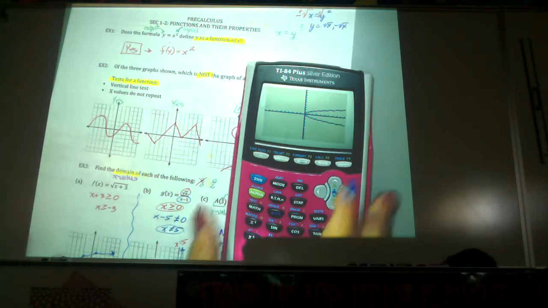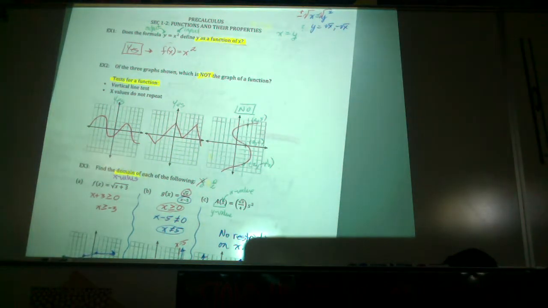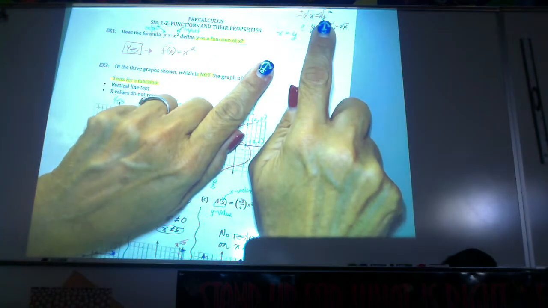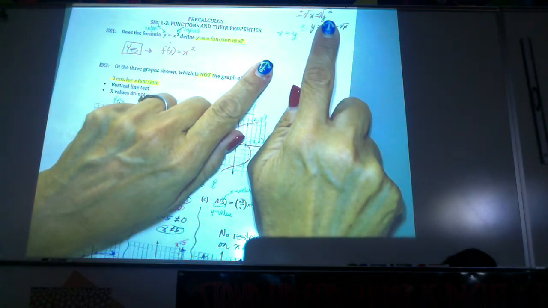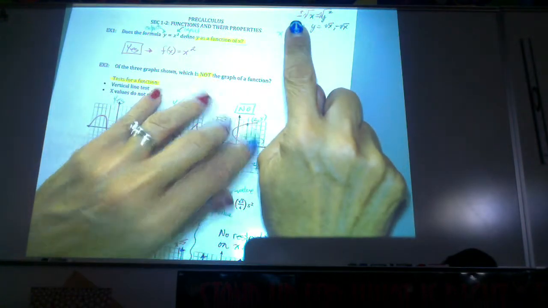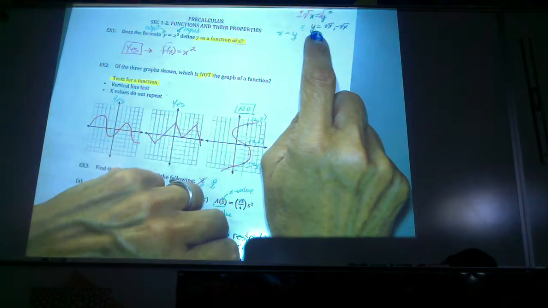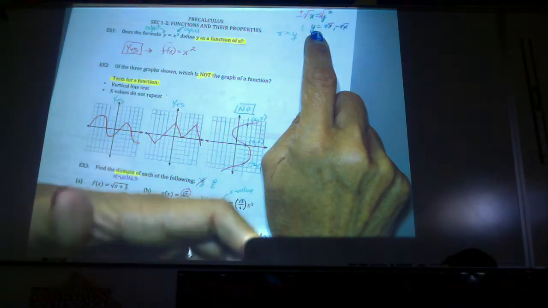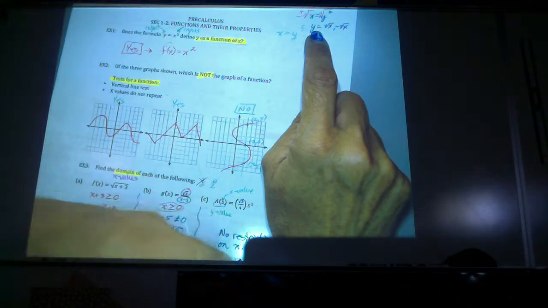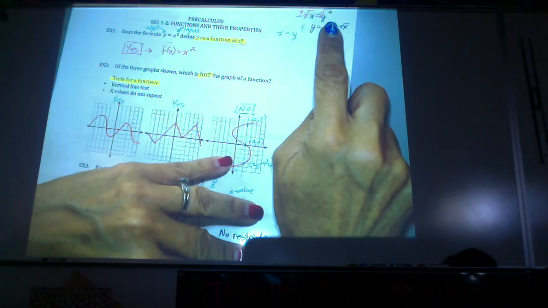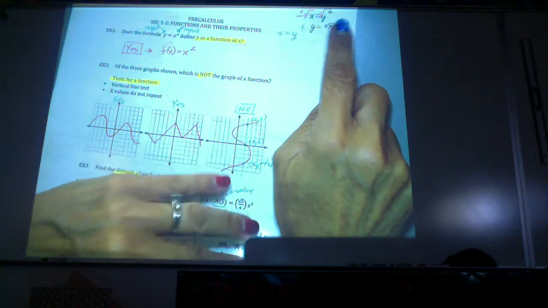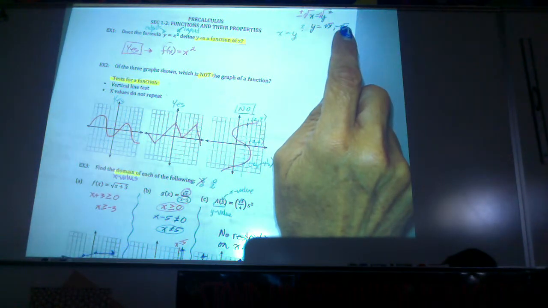So when you have the equation solved for x, make sure that you pay attention to the exponent. Anytime you have an even exponent, 2, 4, 6, 8, when you take the root of both sides, you have to do plus or minus, because even roots, you could take a negative up to an even root and still get a positive value, correct? But if you have an odd exponent like 3, 5, 7, 9, etc., when I take that root of both sides, we don't have to do plus or minus.